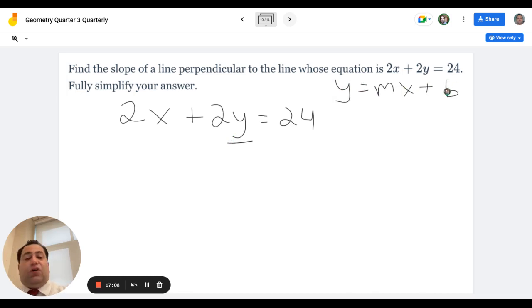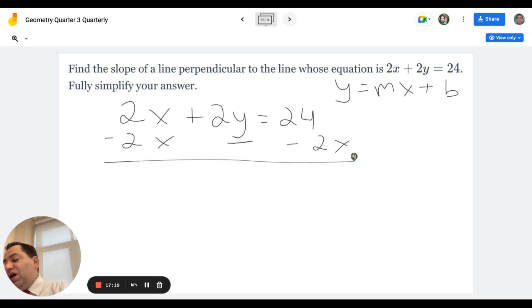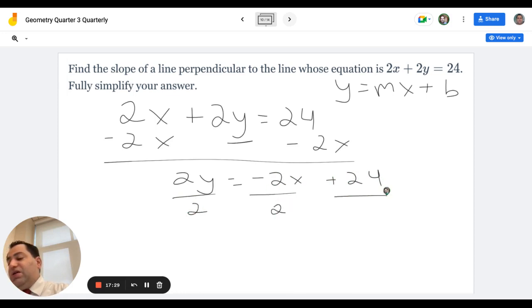So, okay, well, let's start outside to inside. Let's try to remove some things from y here. So we're going to subtract 2x from both sides. And I get 2y equals negative 2x plus 24. And then I'm going to divide by 2 here, here, and here. And I get y equals negative 1x plus 12.